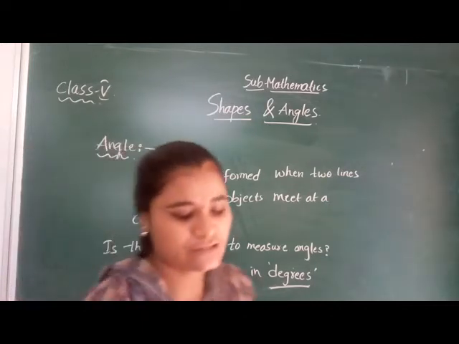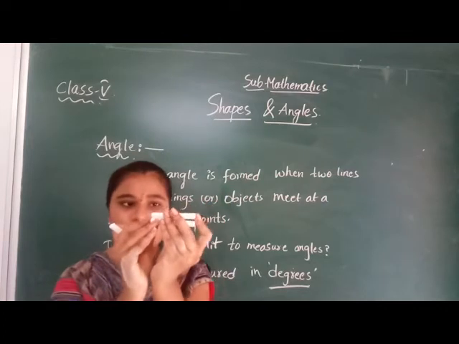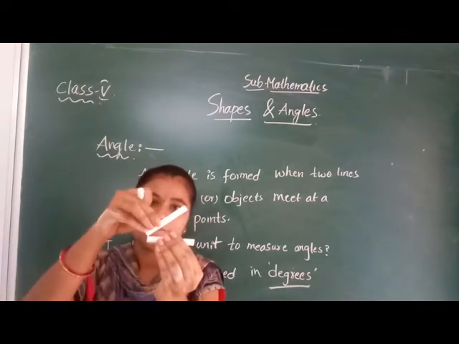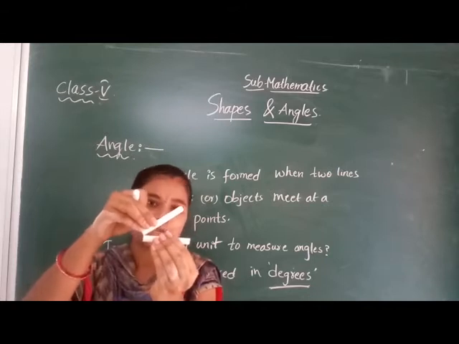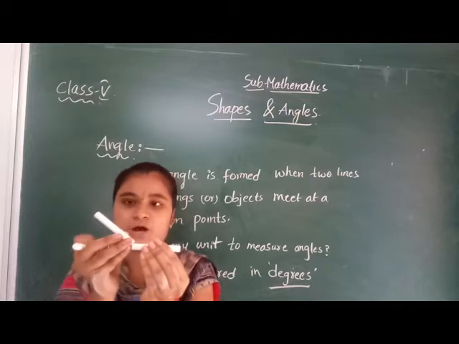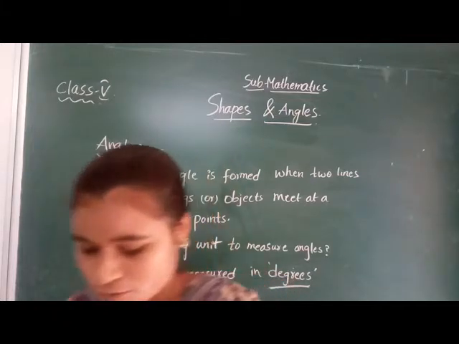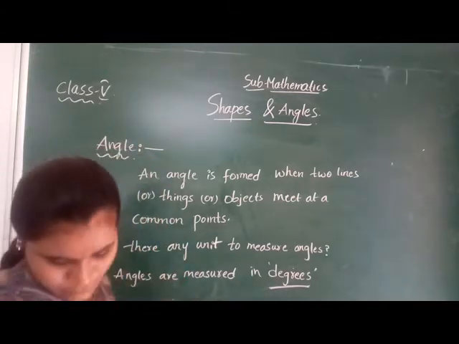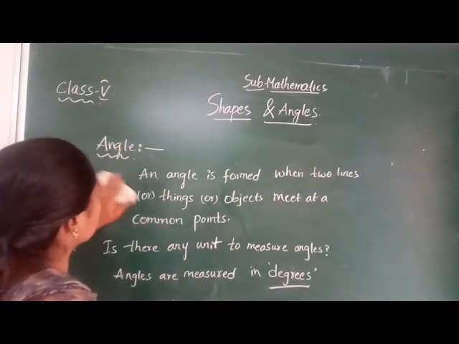See here, first, this one is the common point of the angle. Next, this one is the acute angle. This one is the right angle. This one is the obtuse angle.